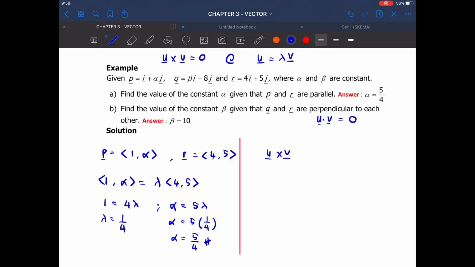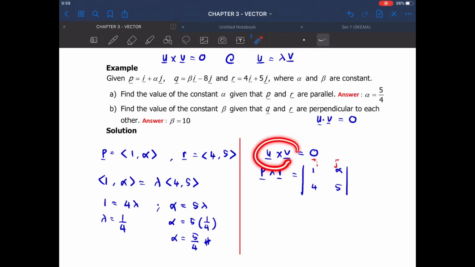u cross v is equal to 0. So u we will choose vector p and v we will choose vector r. So p cross r is equal to, we will arrange vector p as the first row, (1, alpha), vector r (4, 5). So remember that the first column is positive, negative, i, j.